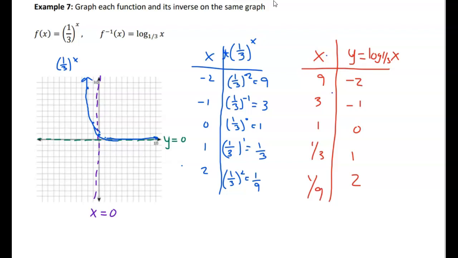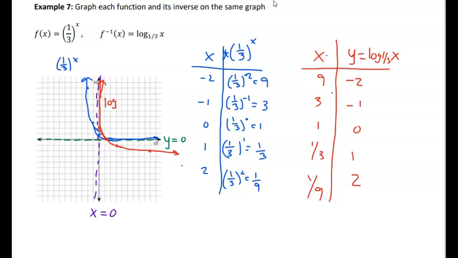All right, so 9 gives me negative 2. 3 gives me negative 1. 1 gives me 0. 1/3 gives me 1. 1/9 gives me 2. So we can draw this. It goes like this, and then it hugs the vertical asymptote like this.